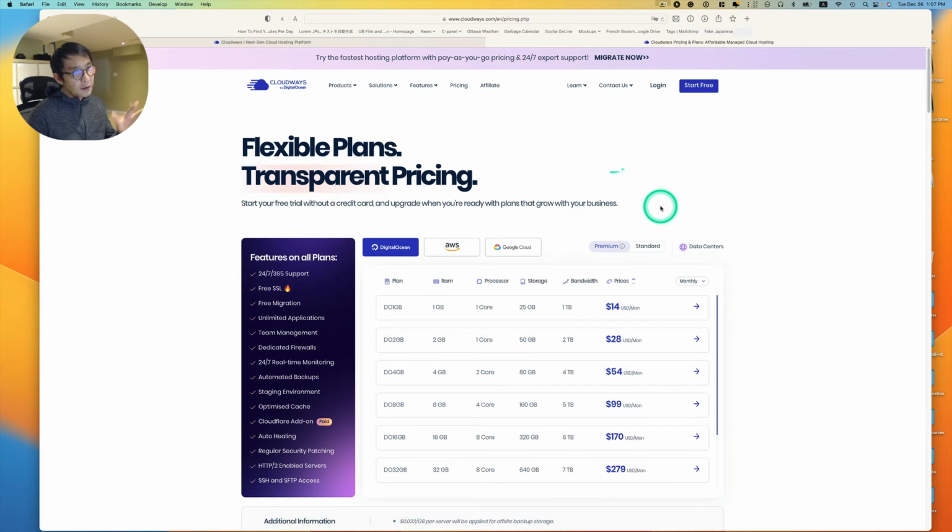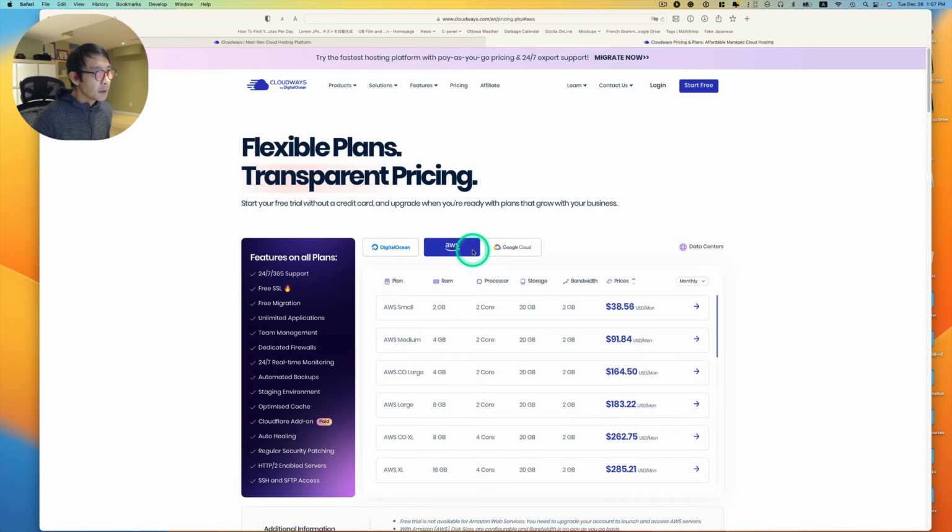All right, so let's take a quick look at the pricing. We are not really asking for a lot of money here. By the way, I'm not sponsored by Cloudways. My company has been using them and we're quite happy with it. We're using DigitalOcean, which I think is the most inexpensive option. If you go to Amazon AWS, prices get higher with the same spec.